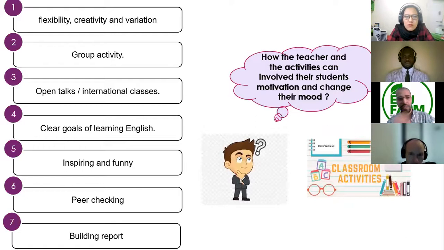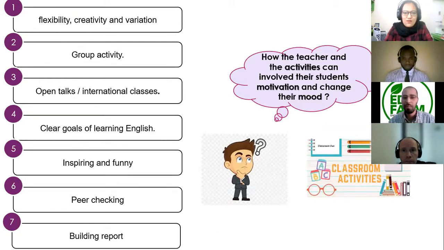So let's move on. We describe how the teacher and the activities can influence their students' motivation and change their mood. The first thing for the teacher, I think, is flexibility. The teacher must be flexible.